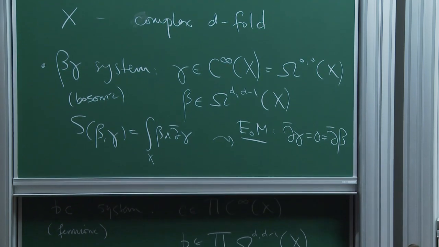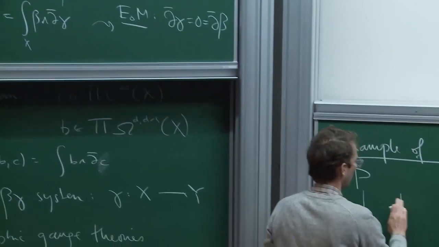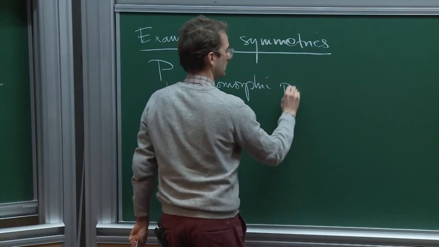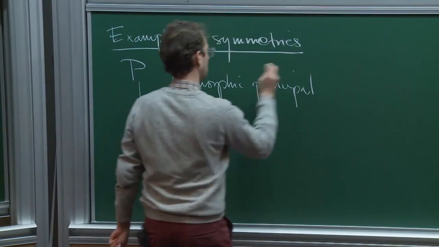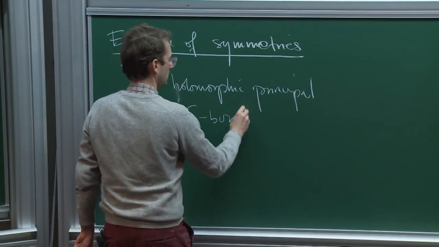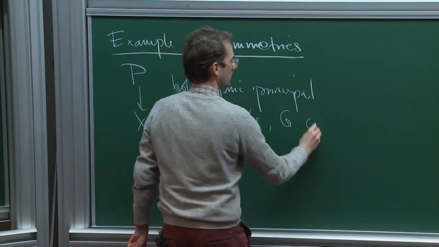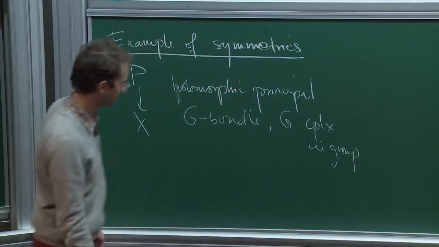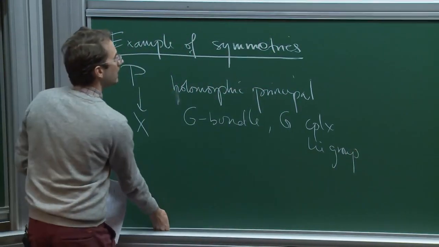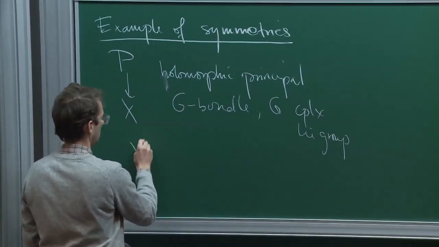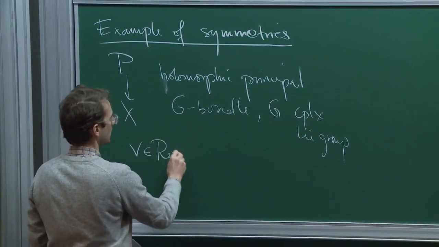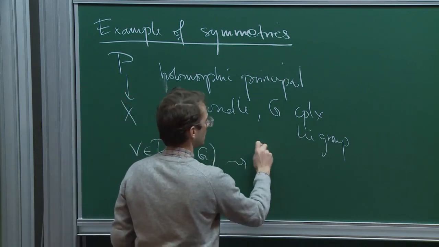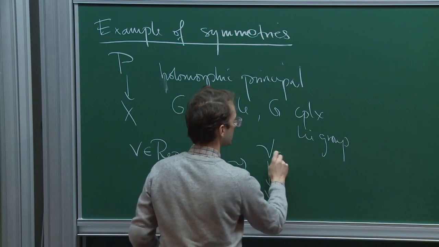So in particular, let's imagine we have a holomorphic principal bundle. G is some complex Lie group, think like SL_N. And V is some finite dimensional representation of G. Then we get some associated bundle.